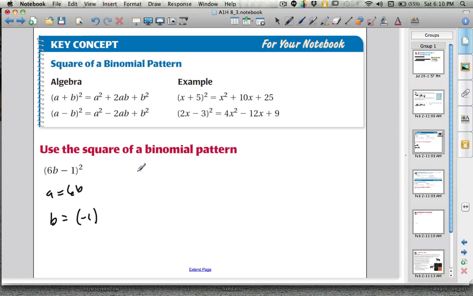So I'm going to have this item squared, so that's 36b squared, minus 2 times negative 1 times 6, that's minus 12b, and negative 1 squared is plus 1. All I did is take the top pattern, plug 6b in for a, plug negative 1 in for b, and simplify.